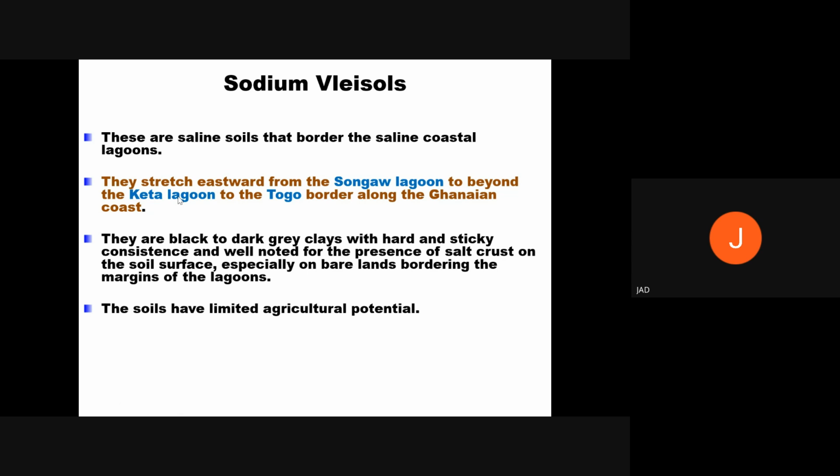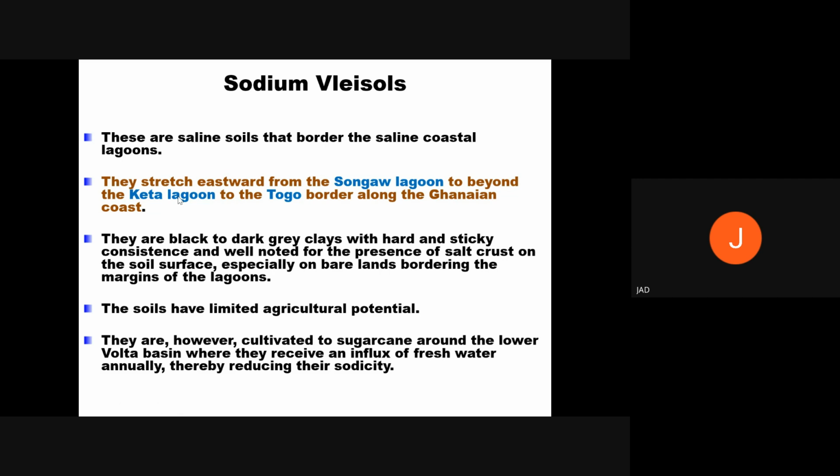The soils have limited agricultural potential. They are, however, cultivated to sugarcane around the lower water basin where they receive an influx of fresh water annually, thereby reducing their sodicity. Sodicity means the level of salt in the soil. It measures the salt concentration in the soil.